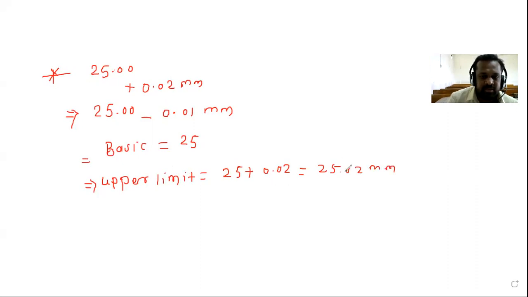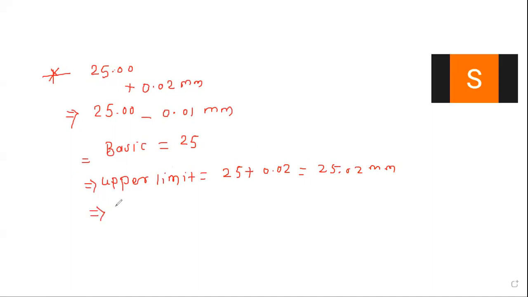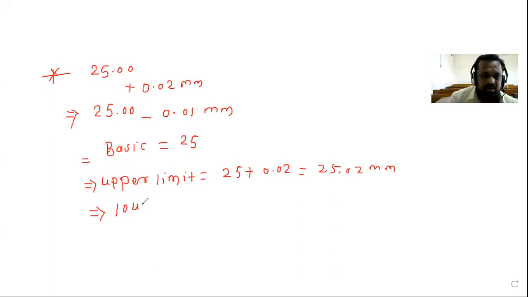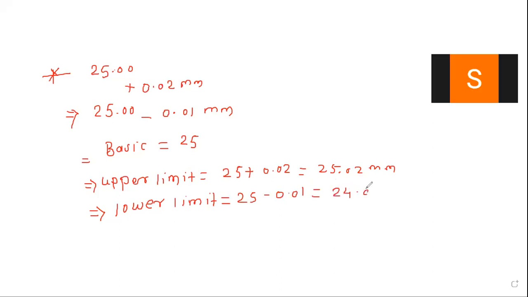Okay, it is correct. Then what is the lower limit? The lower limit is equal to 25 minus 0.01 mm. Then what is the lower limit? 24.99. Okay.